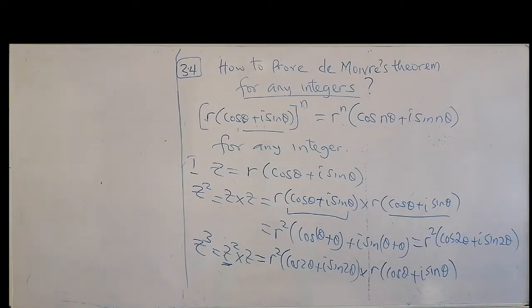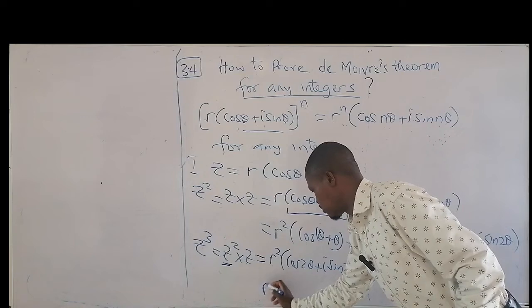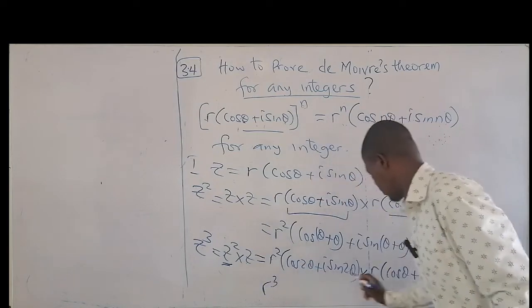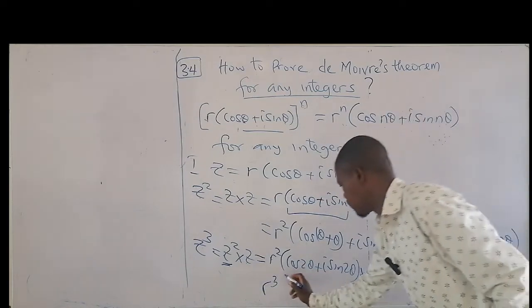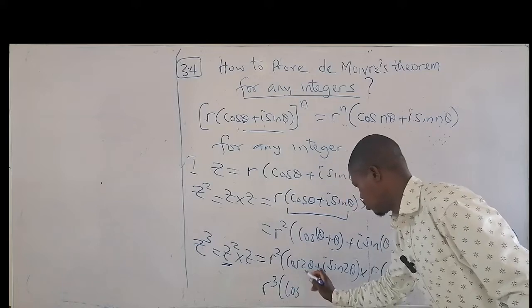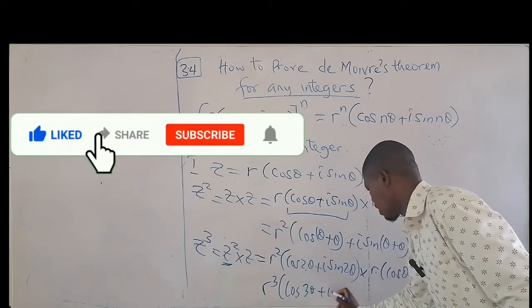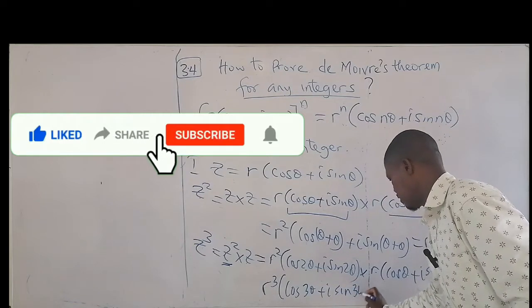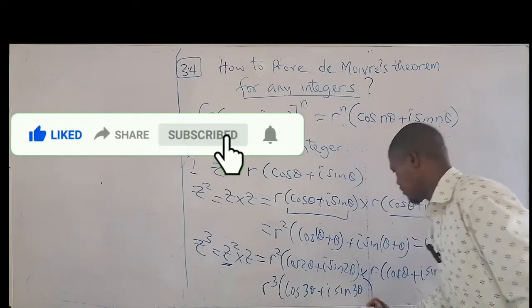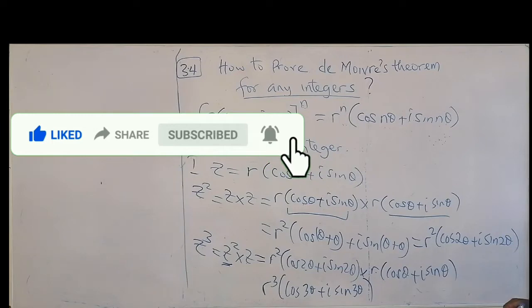That will be r cubed, this one times this one, and then we have cos of 2 theta plus theta, 3 theta, then plus i sin 3 theta. So it goes on like that.